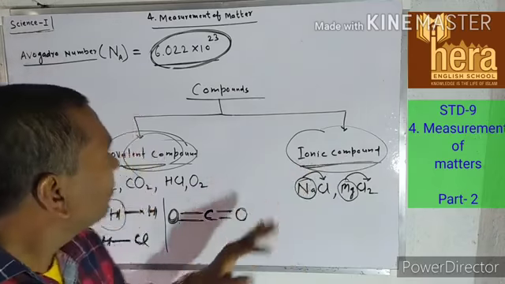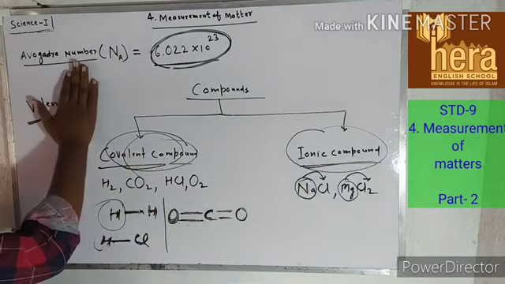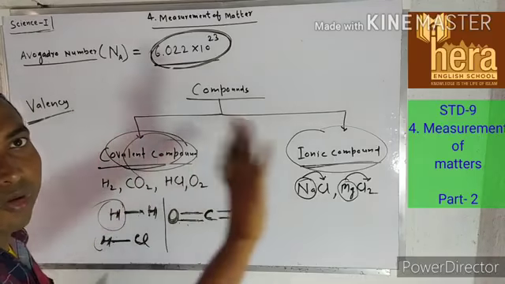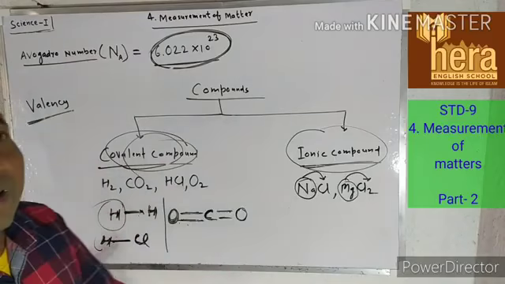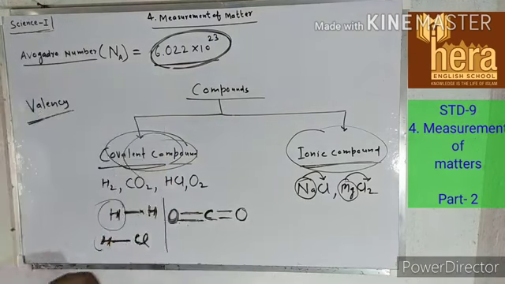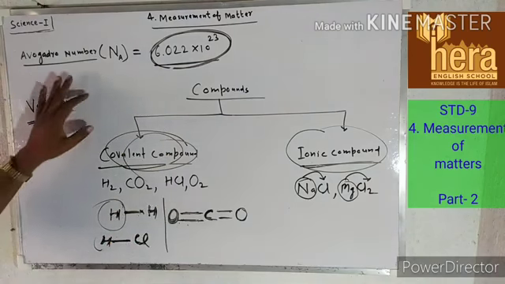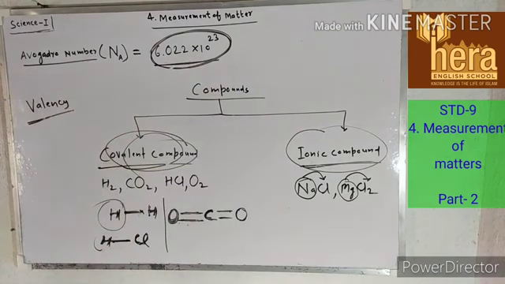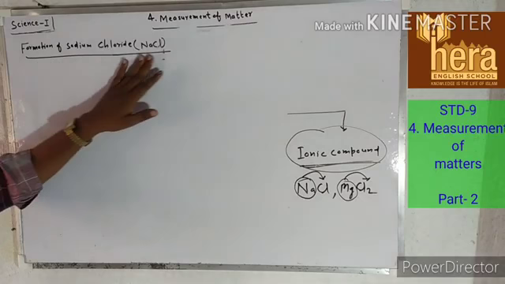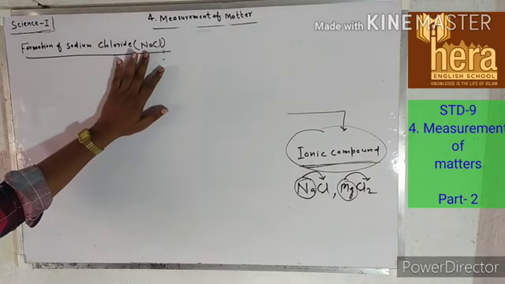Okay. So I will take the next topic, that is formation of sodium chloride. That is the salt we use in our daily life. Formation of sodium chloride, that is NaCl.